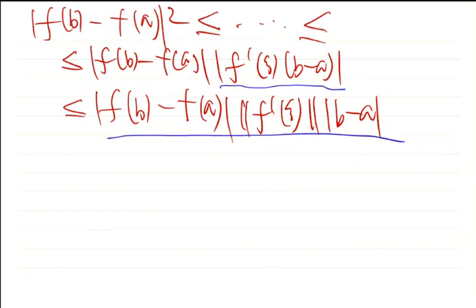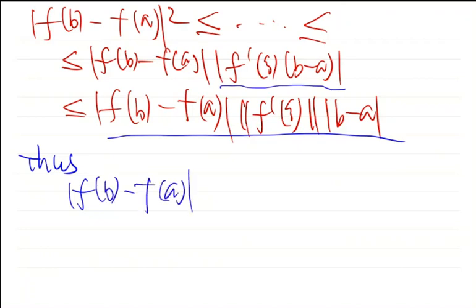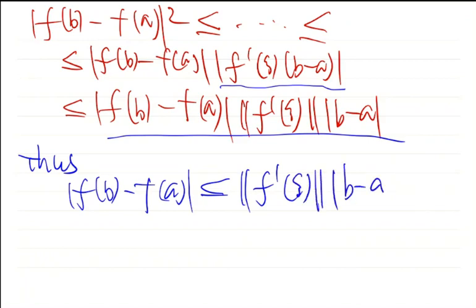Now you cancel one of the norms of fb minus fa, and we get that the norm of fb minus fa is controlled by the matrix norm of f prime Xi times the norm of b minus a. So this proves the mean value inequality for vector valued functions.